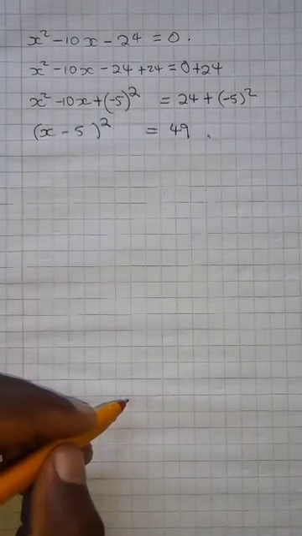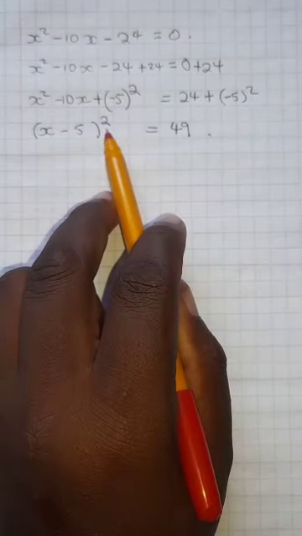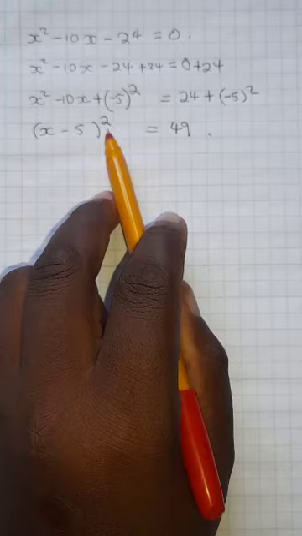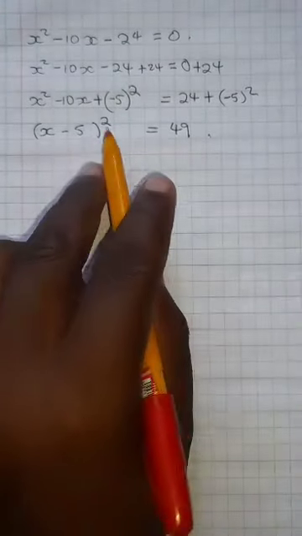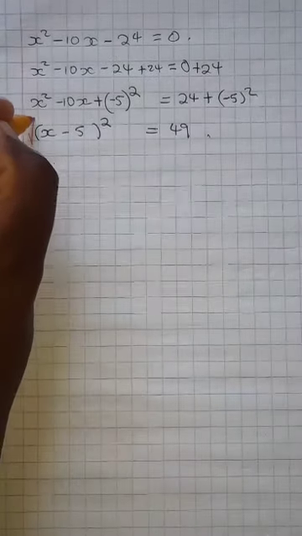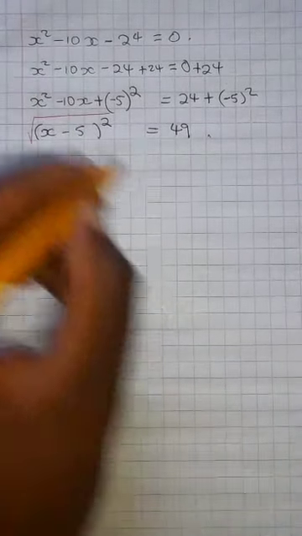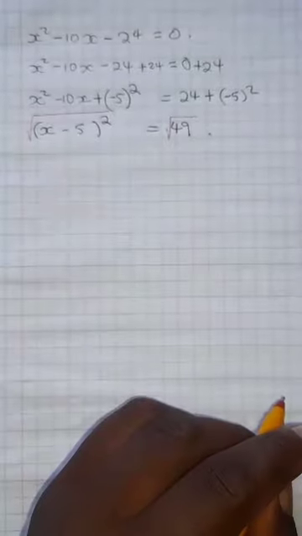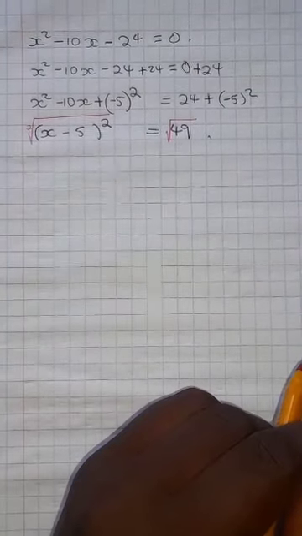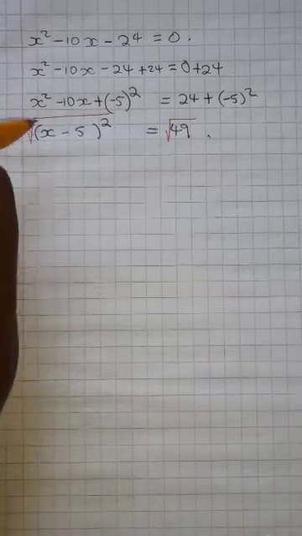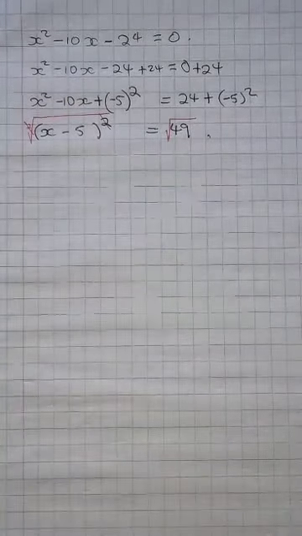How do we solve this equation? We want to get rid of this square. We do the opposite. The opposite of squaring is to use the square root, and we put the square root on both sides. On the left, the square root and the 2 cancel each other.